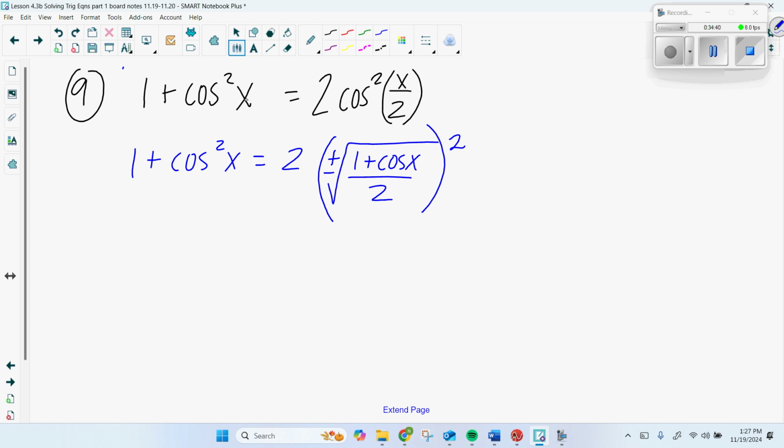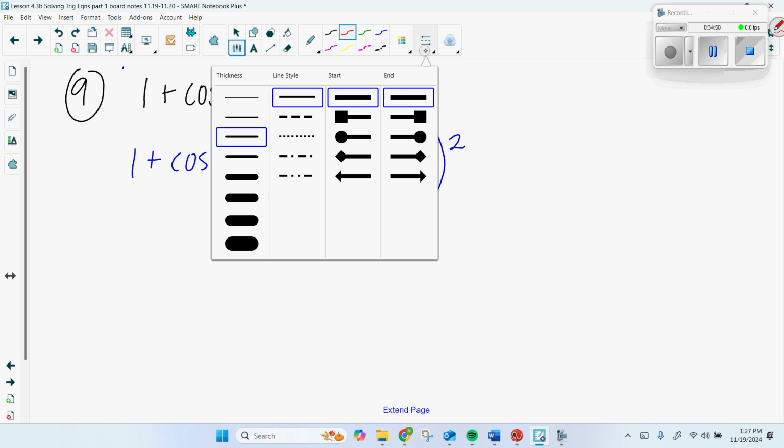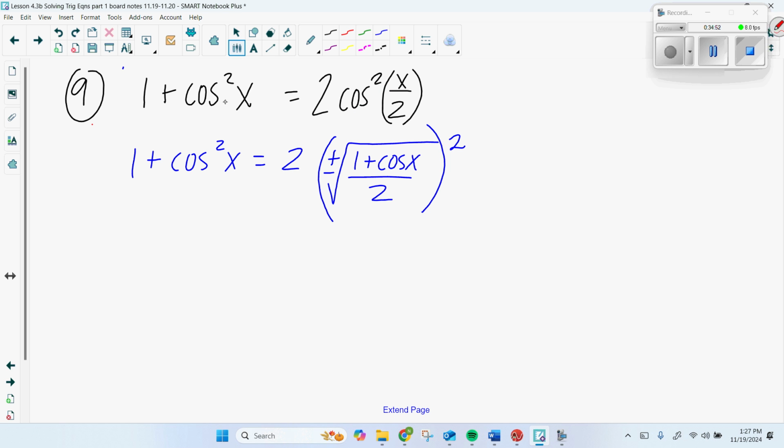But do y'all recognize that formula? I know it's been a week. But the squared and the square root are going to cancel each other out. Okay? And so we're going to get 1 plus cosine squared x equals 2 times (1 plus cos x) over 2.